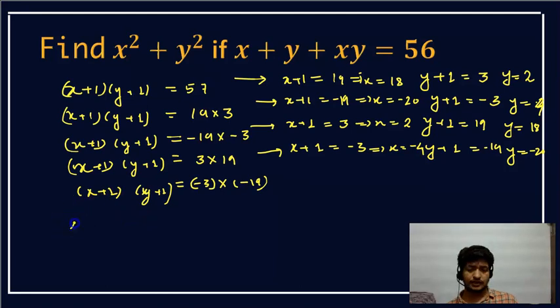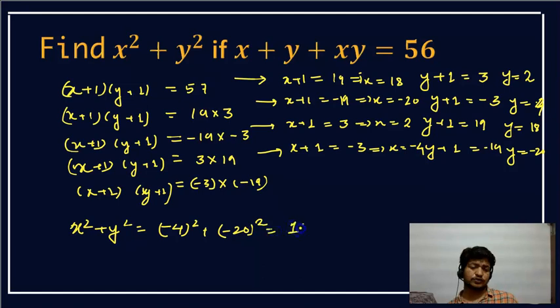First one is x square plus y square, and we will get the first value as minus 4 to the whole square plus minus 20 to the whole square. You will get 4 square equal to 16, 20 square equal to 400, and the value is 416.